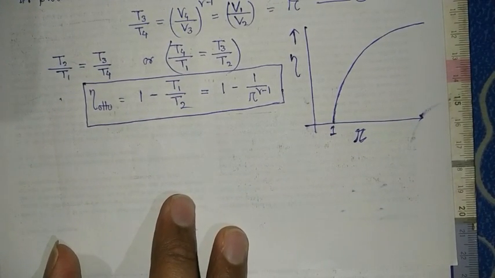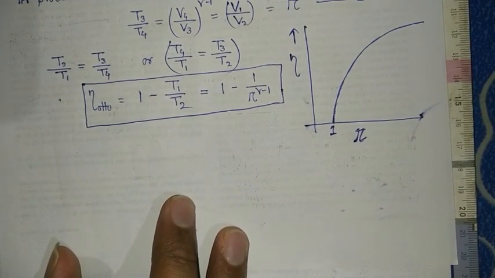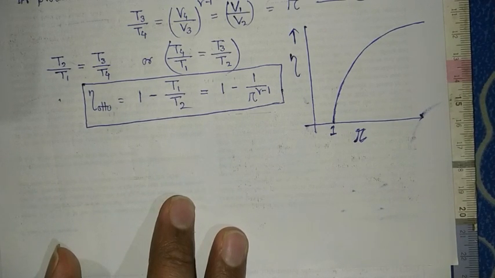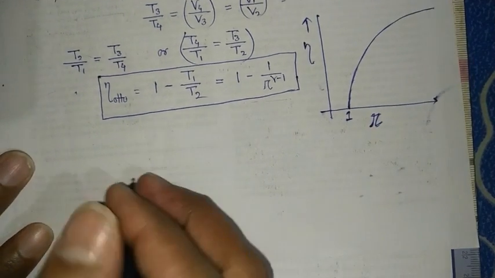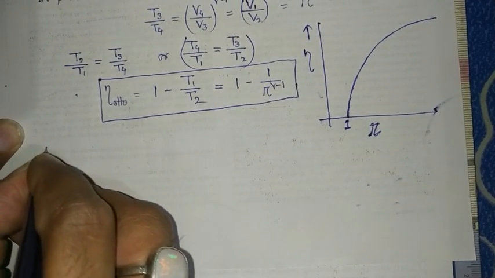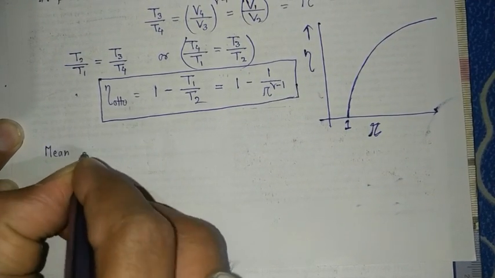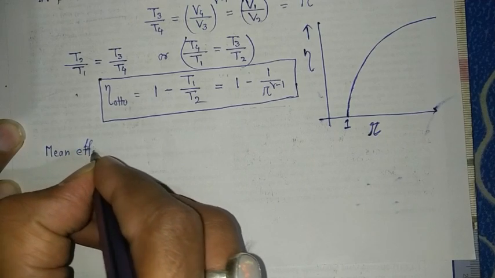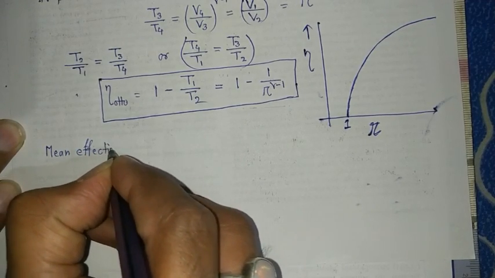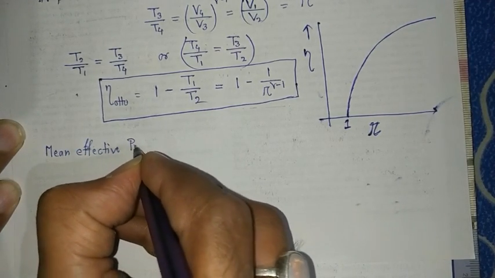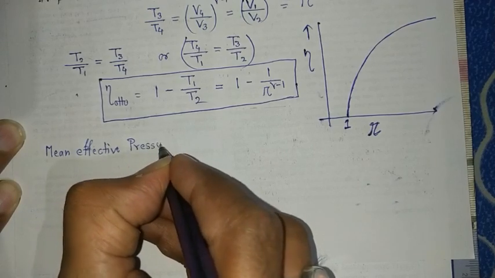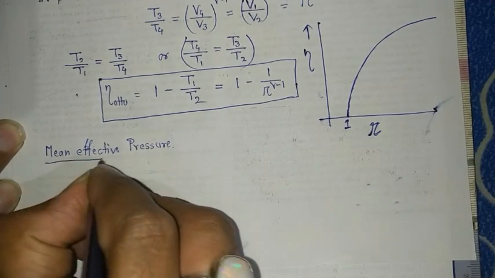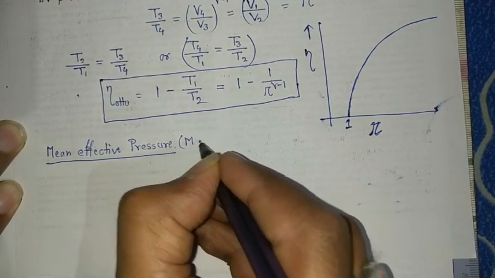Now we will define one last term related to the Otto cycle. It's mean effective pressure. In short, MEP.